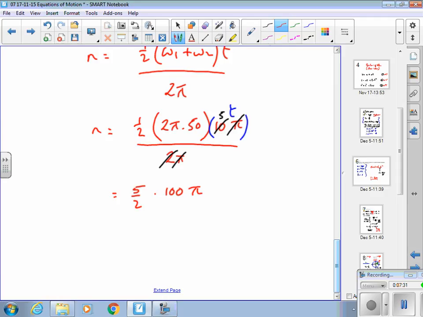Simplifying it down, that's 250 pi. The number of turns. And if you want that as a figure, then you'd work out what 250 times 3.142 is.